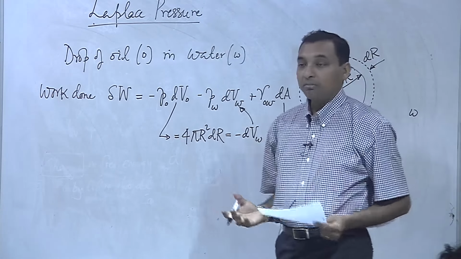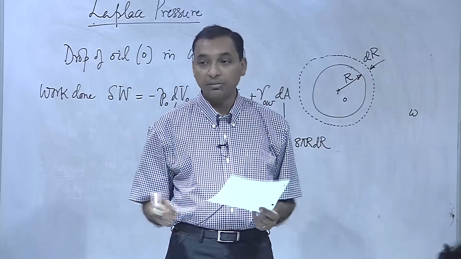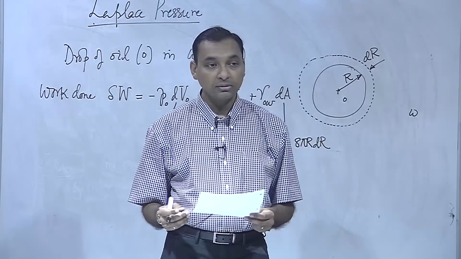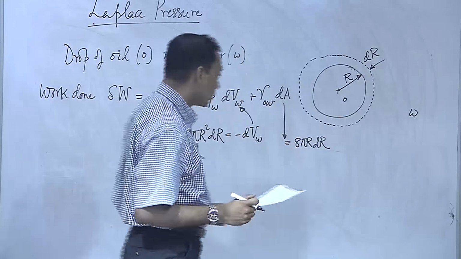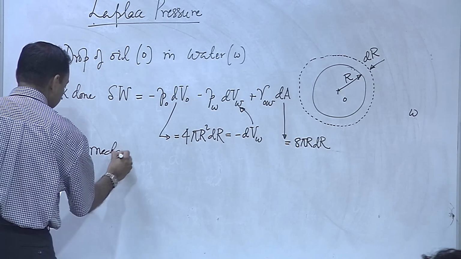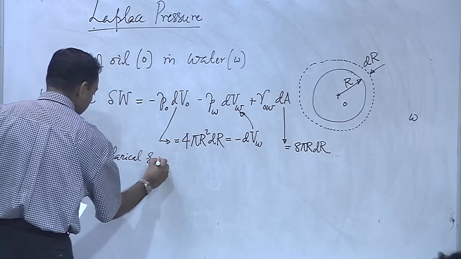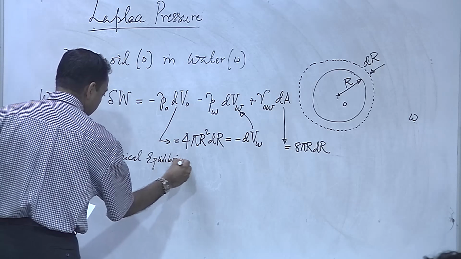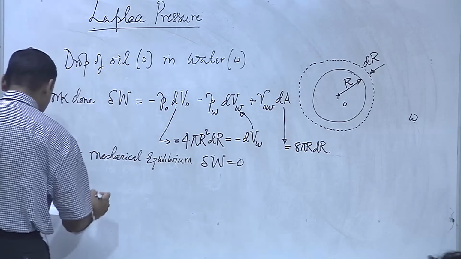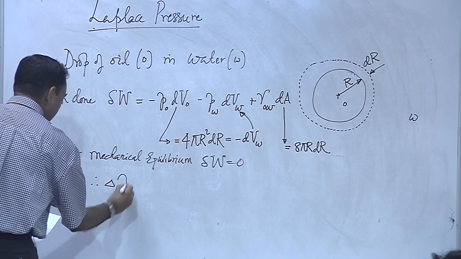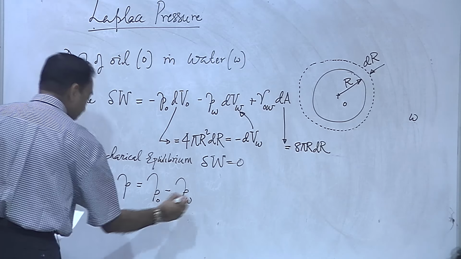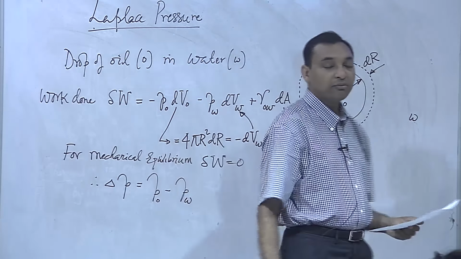So the oil drop in any emulsion is in equilibrium, right. If it is in equilibrium, what can we say about dW? That has to be 0. So for mechanical equilibrium, it has to be 0. Then what is happening to delta P, which is essentially the pressure difference between the oil and the water?